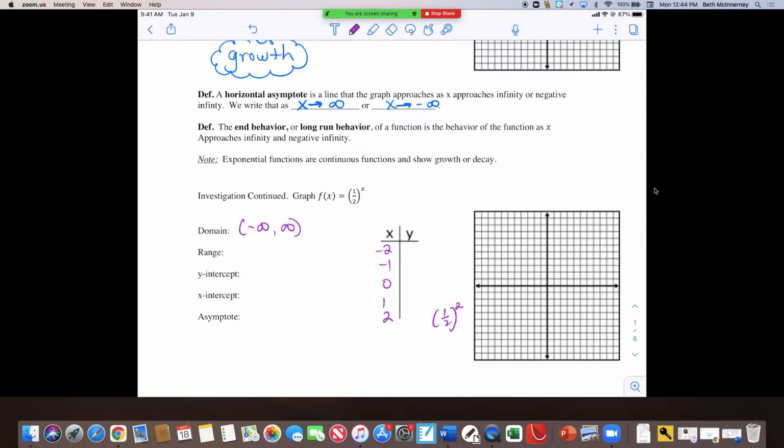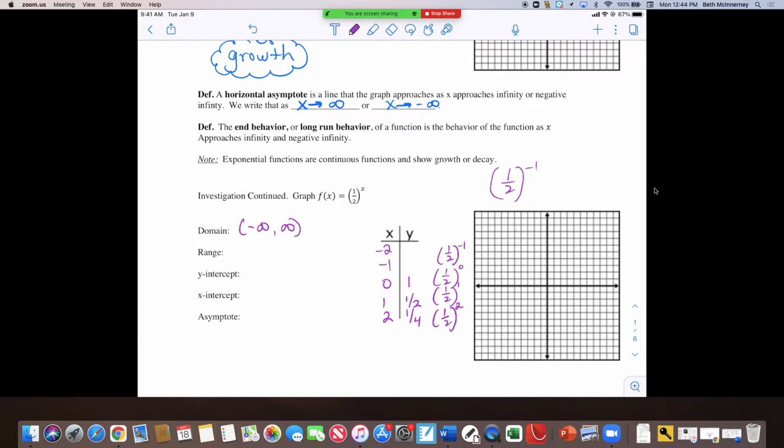that means 1/2 times 1/2, which is 1/4. If I take 1/2 to the first, that's just 1/2. If I take 1/2 to the 0 power, what's anything to the 0 power? It's just 1. Now, here's the tricky part.